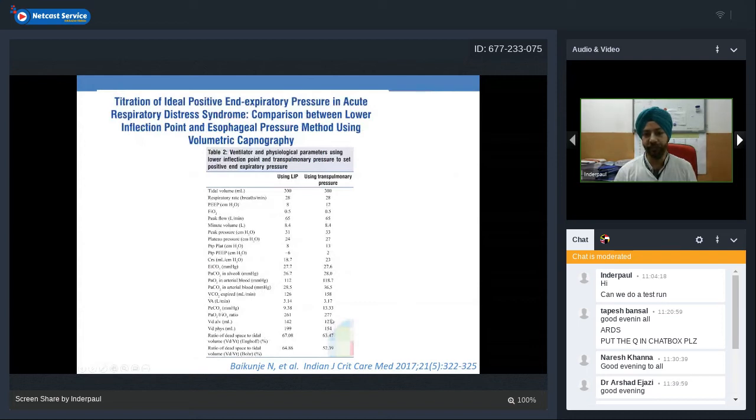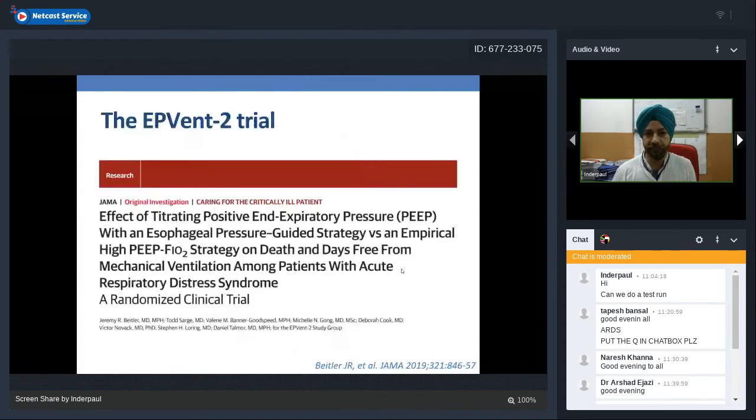So you see that both the alveolar and the physiological dead space had reduced using the transpulmonary pressure, and the dead space to tidal volume ratio was also lower. So in a selected group of patients, you will be able to properly titrate your PEEP using the esophageal pressure.